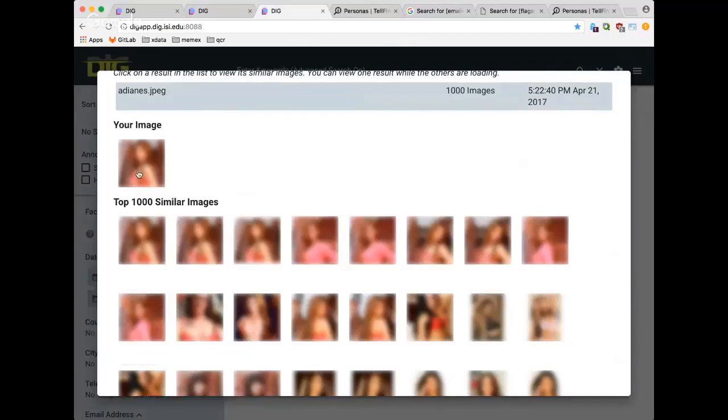What we've done here is take the same image that was involved in one of the ads from that email address, and we've searched across about 100 million images to find other images of this same person. This is another image of the same person wearing different clothing. This is another image associated with a different pose.